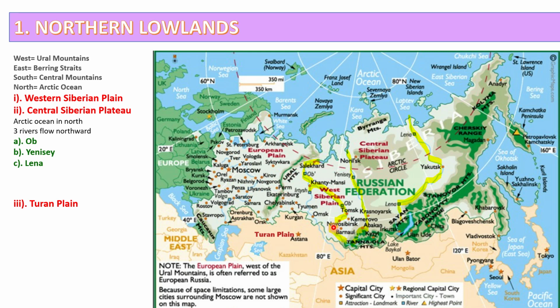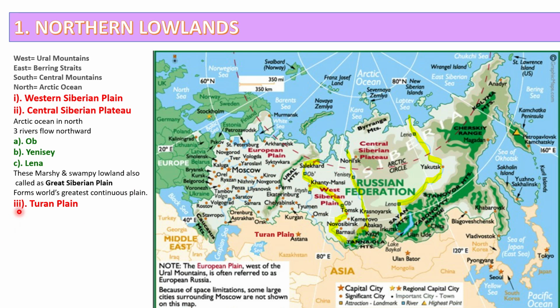It extends northward into the Kara Sea. Number two is the Yenisei River. And number three is the Lena River. This region is marshy and swampy lowland, and it is also called the Great Siberian Plain, and it forms the world's greatest continuous plain.